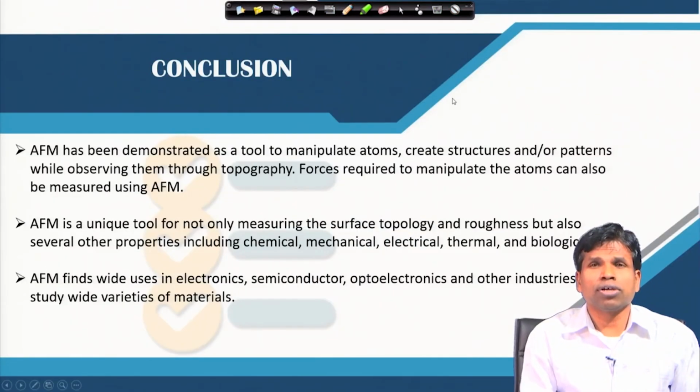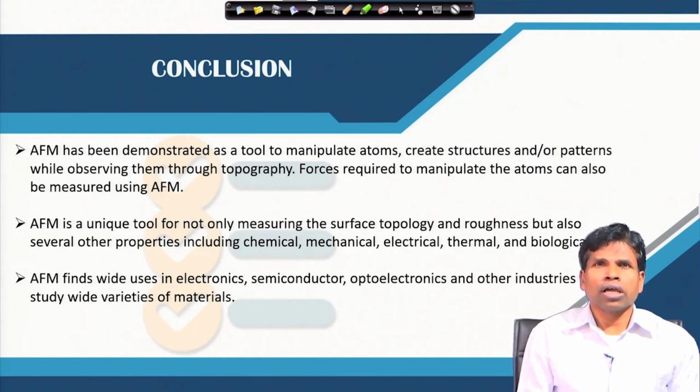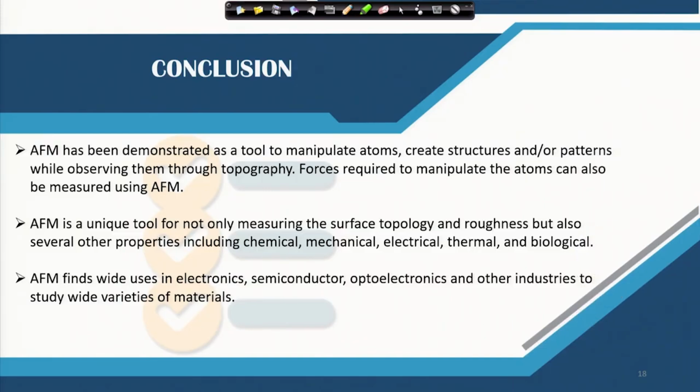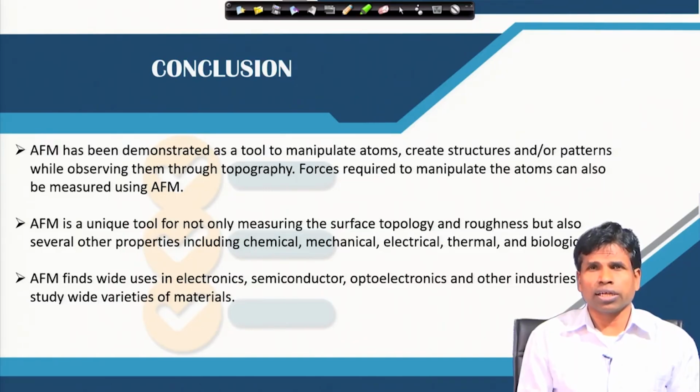So, in conclusion, what we have seen is that AFM has been demonstrated as a tool to manipulate atoms and molecules and create structures. It can be used for lithography purposes, and it can also be used for measuring thermal, electrical and biological properties.